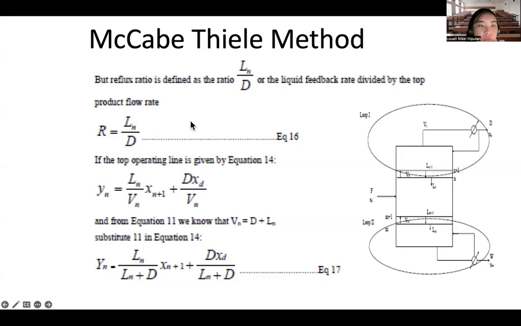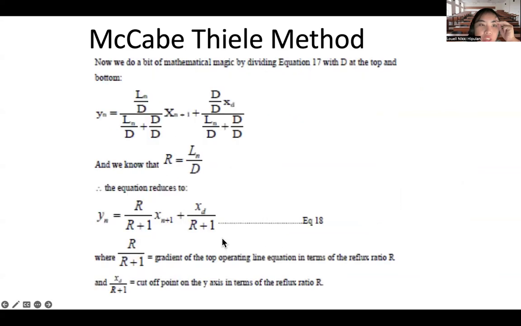So, the V, the denominator in this term, and then in the second term, the V there you can replace with D plus Ln.